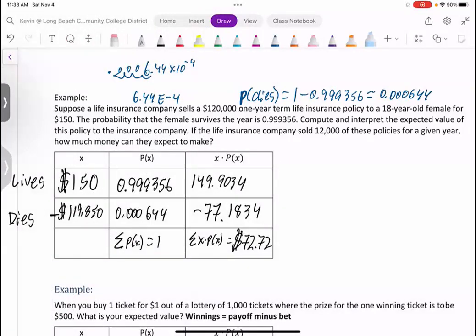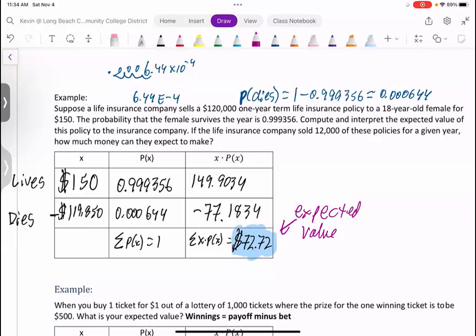for each policy. Let's interpret what we mean by this. And this is expected value. Meaning, we give lots of these insurance policies out, or sell for $150.